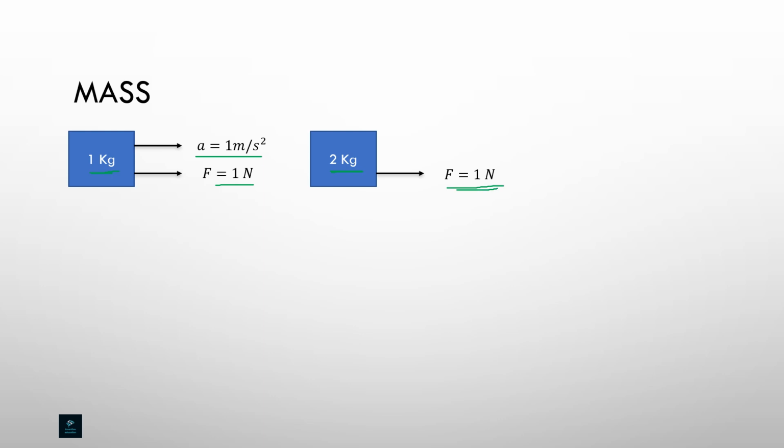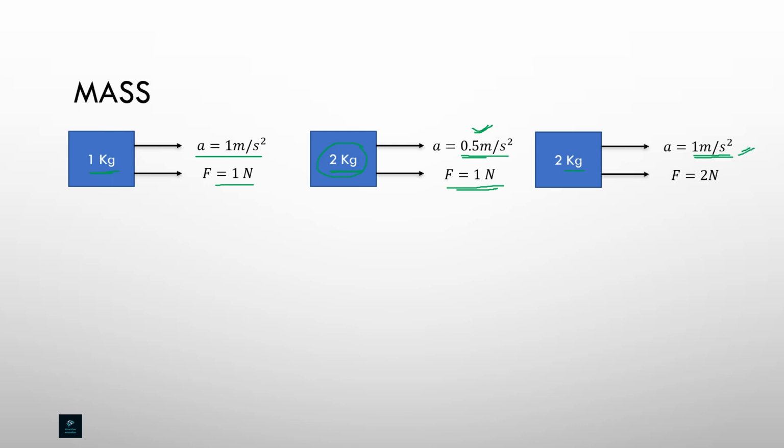We will observe that the acceleration produced will be 0.5 meter per second square. Thus, we observe that heavier mass accelerates less. And if we have to accelerate this 2 kg mass by 1 meter per second square, then we have to apply a higher force of 2 newtons to get the same acceleration.